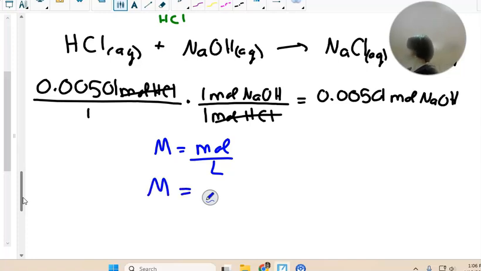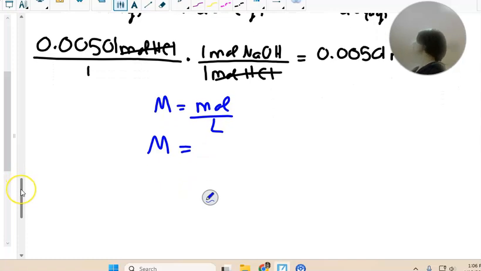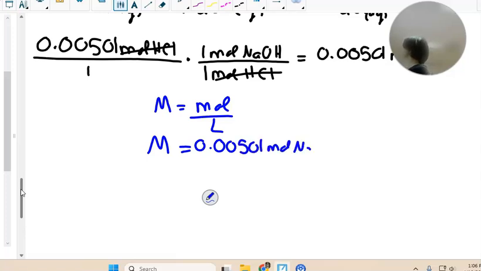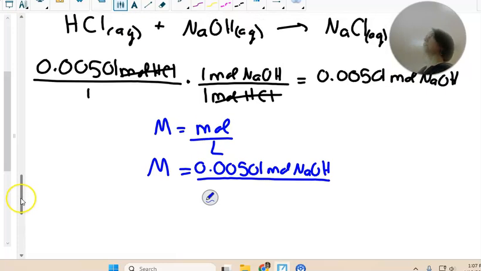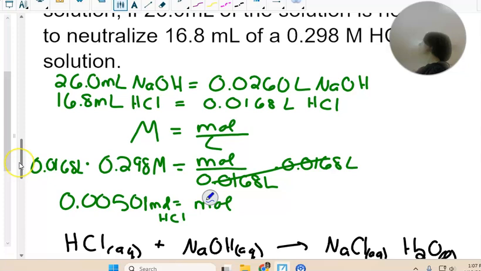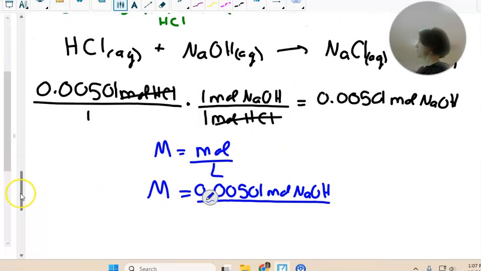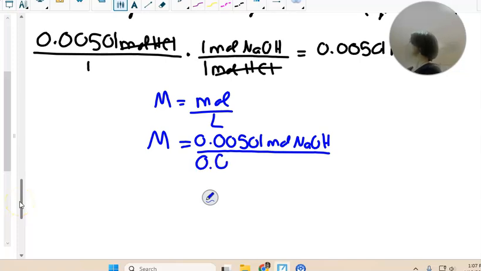We know moles of sodium hydroxide now because that's our unknown. 0.00501 moles NaOH over, what is our volume in liters? 0.0260 liters NaOH. And then on the third line, I want you to write your answer.